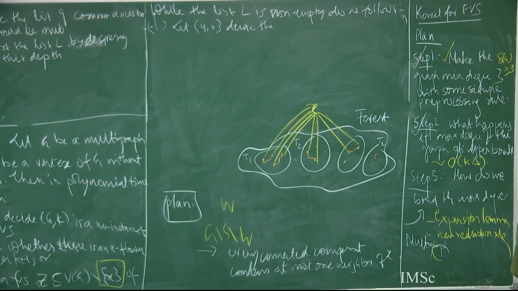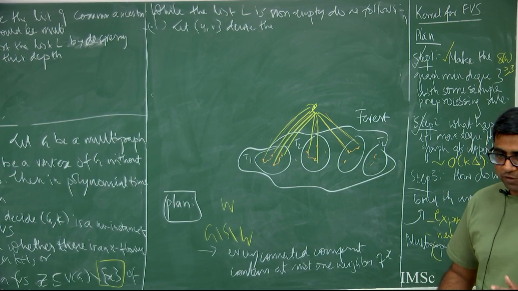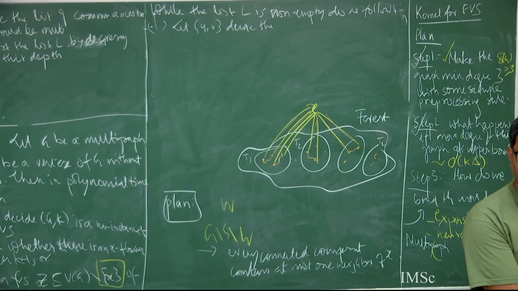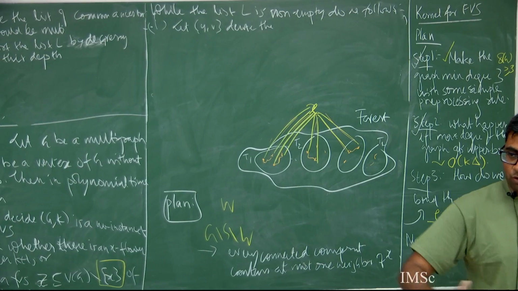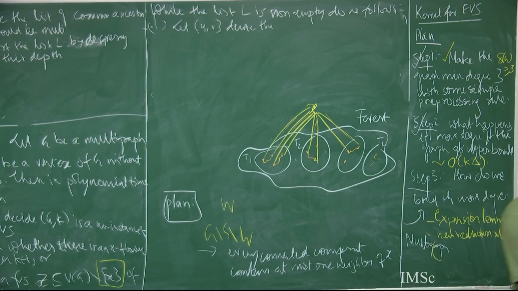So all I have to show is that the paths which I put into my list will be pairwise vertex disjoint. If this grows to k plus 1 at any point of time, we are done. And for every path I will add a vertex which will destroy all paths below it by one vertex. So it's basically a min-max theorem.